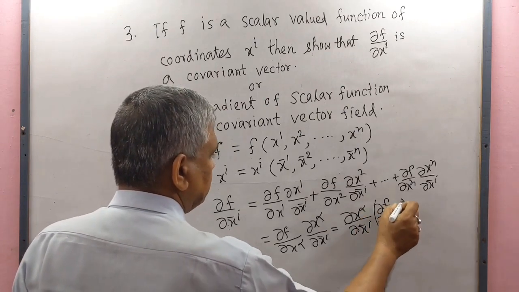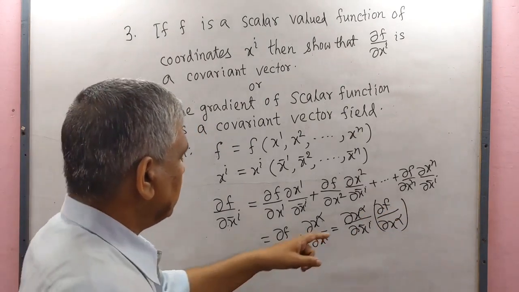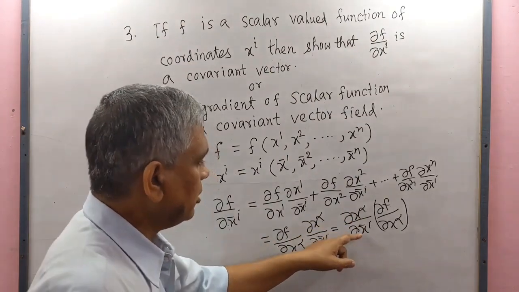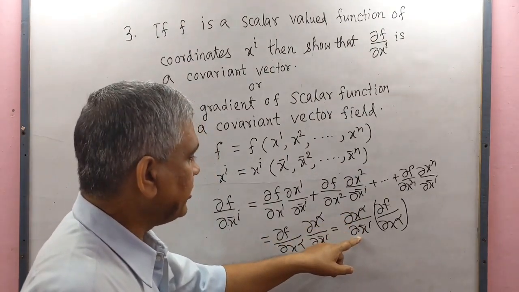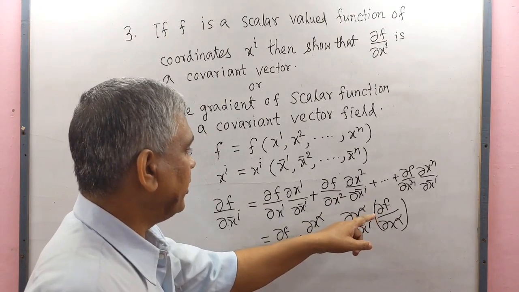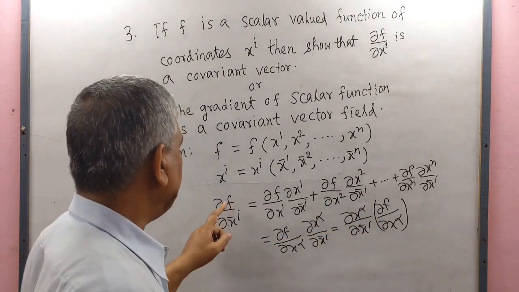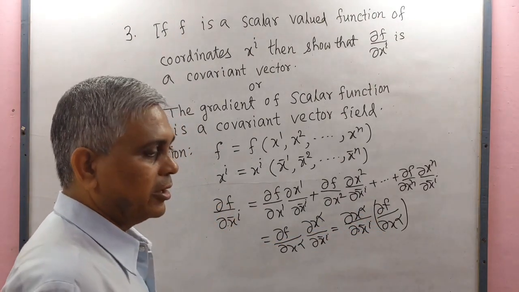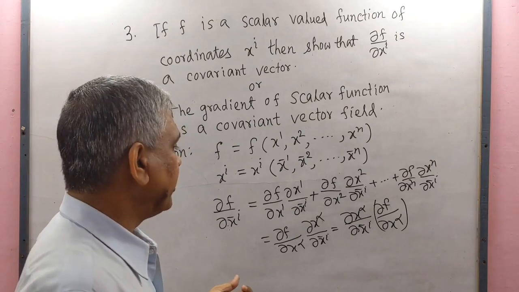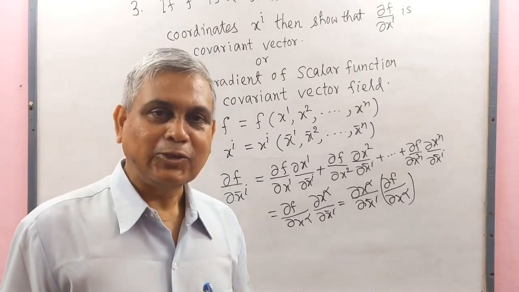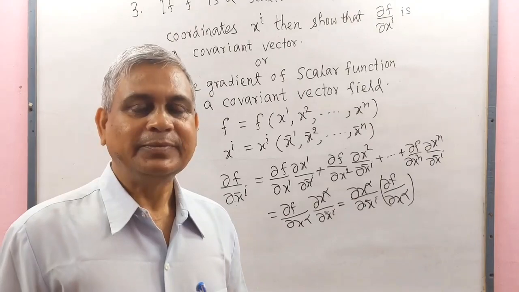So this partial derivative represents that del f by del x^alpha or del f by del x bar i are components of a covariant vector.